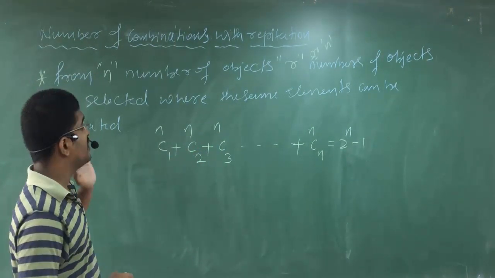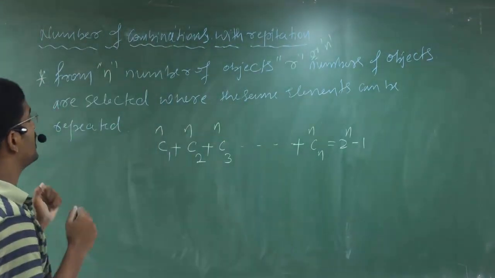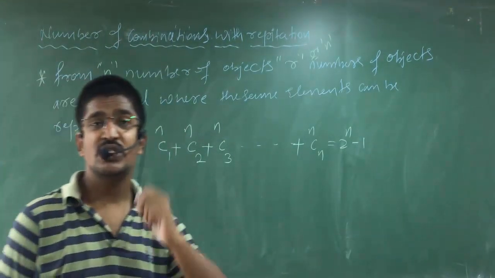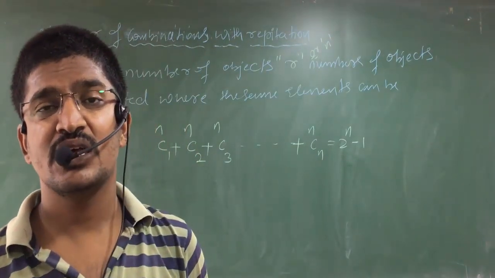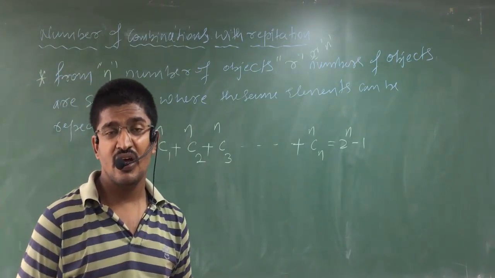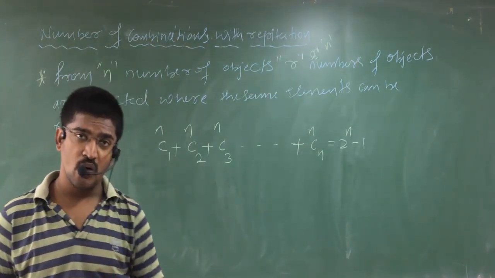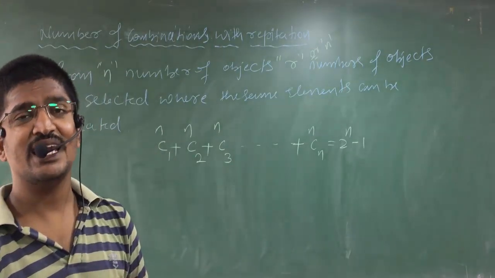Whenever there are n number of elements, and they are choosing r number of elements and repeating out of those r, then what will be the total number of ways to do so?